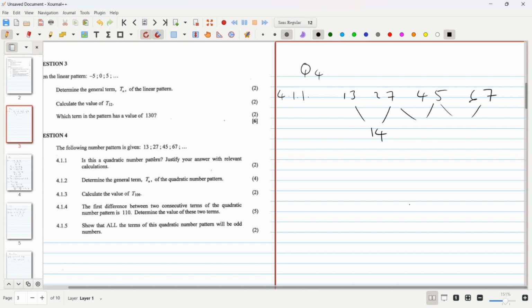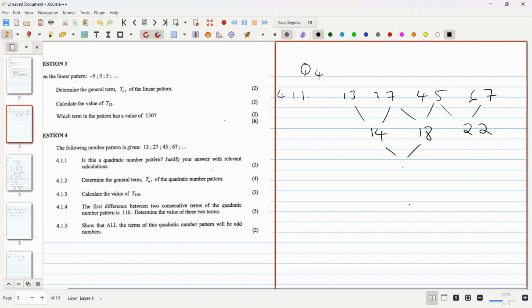And then 45 minus 27 is 18. Okay. And then 67 minus 45, you'll get 22. Okay. And then 18 minus 14, you get 4. And then 22 minus 18, you get 4.